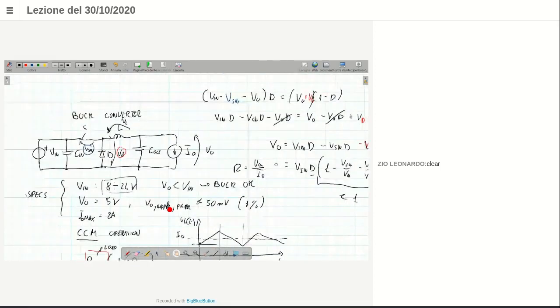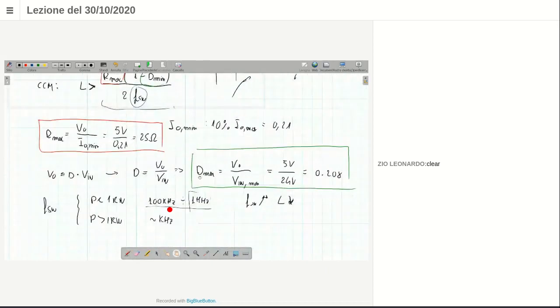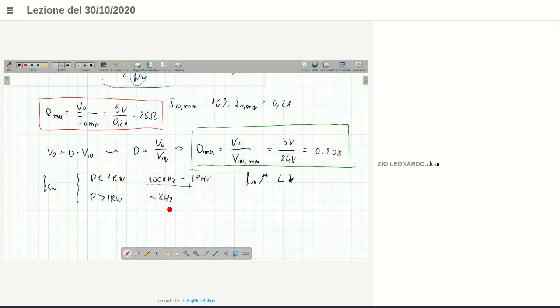We have rather low power. The maximum power, VO times IO max, is 10 watts. That is not that much. In theory, we can choose a rather high frequency.